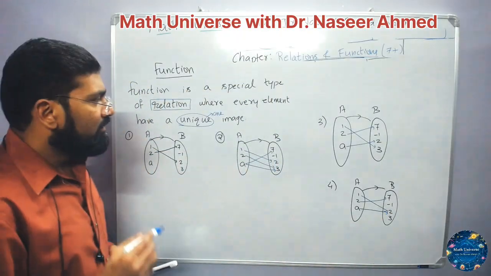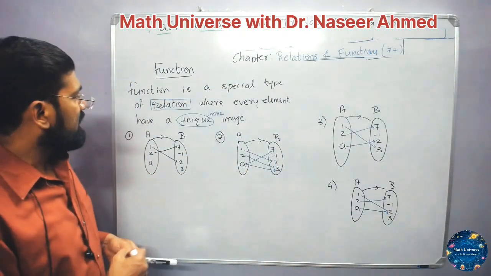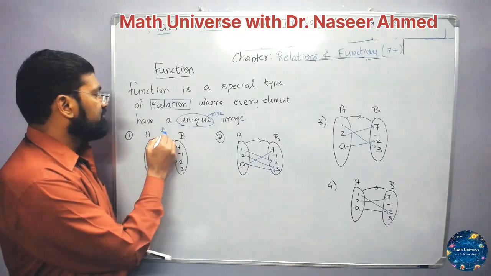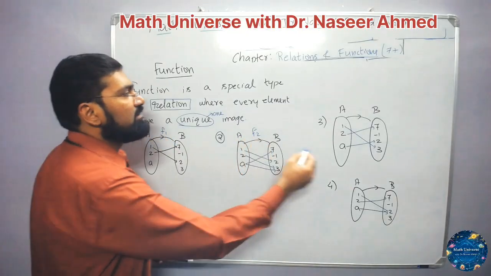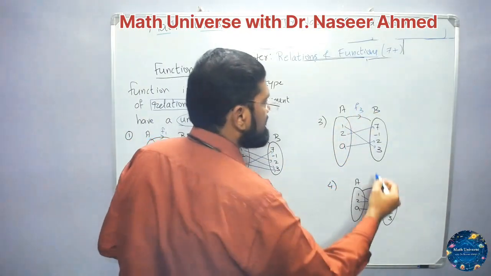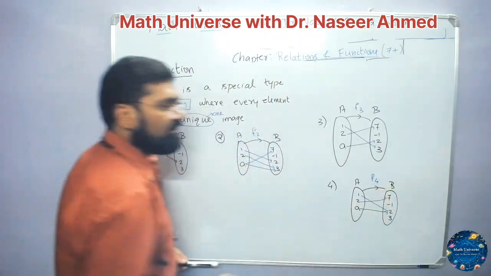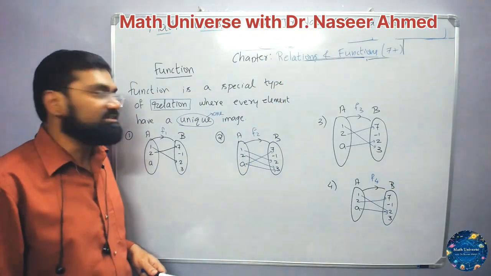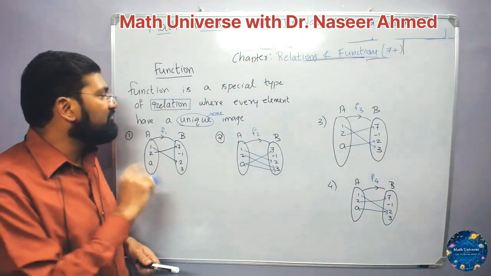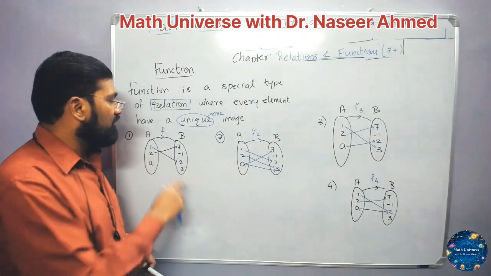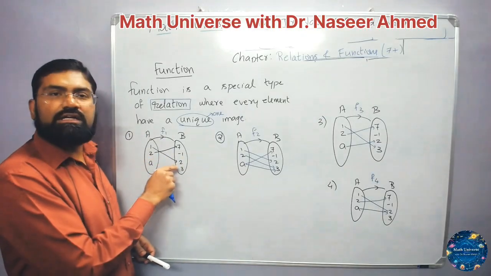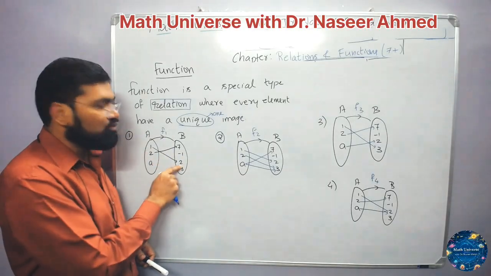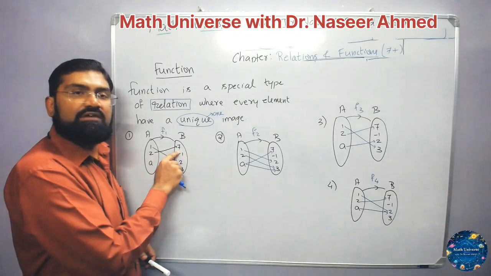Now let us name these: this is F1, this is F2, this is F3, and this is F4. All are relations. Now we have to judge among these which is a function. The definition of a function is that every element should have one image. Wherever it is linked, we call that the image. So image of 1 is 2, image of 2 is 7.